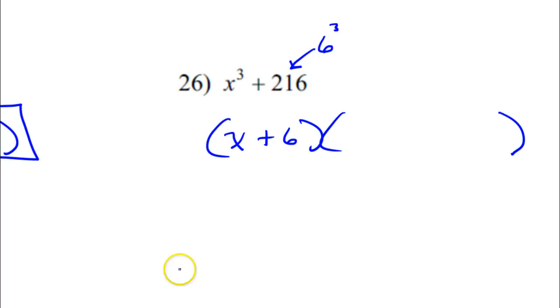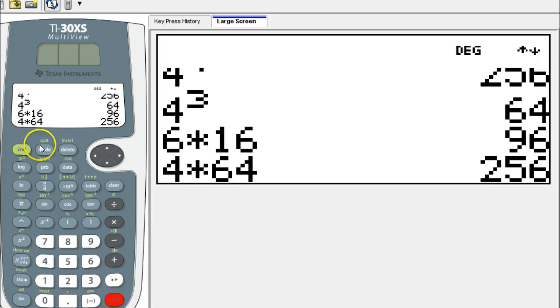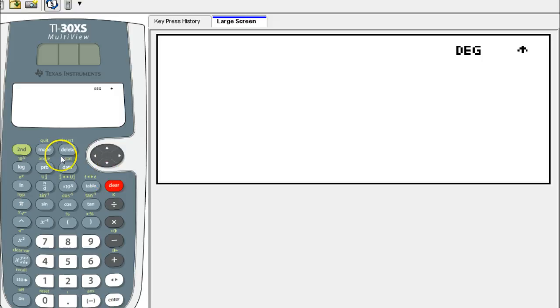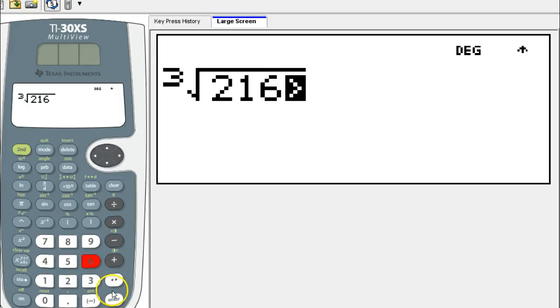By the way, your calculator will do the cube root if you need it. If I do the 3 and I do second caret, it makes that into the cube root. So if I were to put in 216, bam. I could check and find out that, yeah, that's how you could do it.